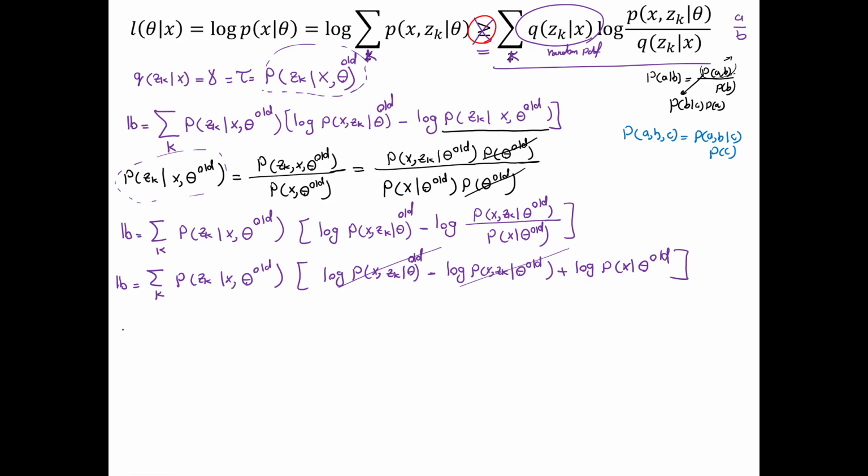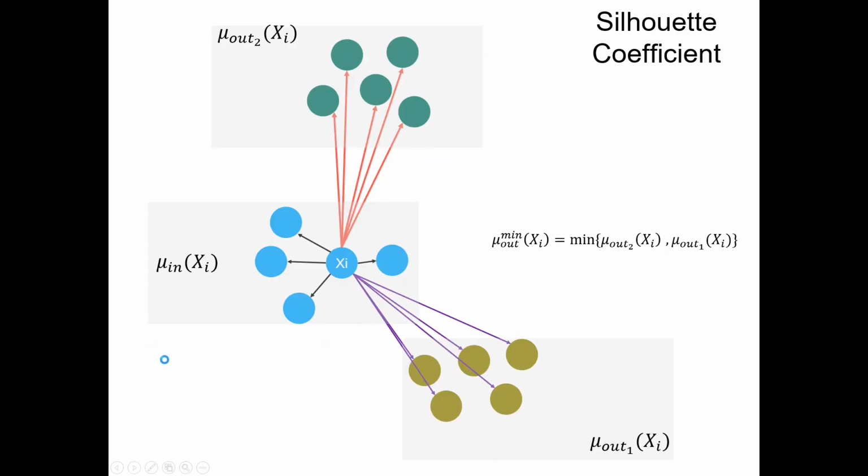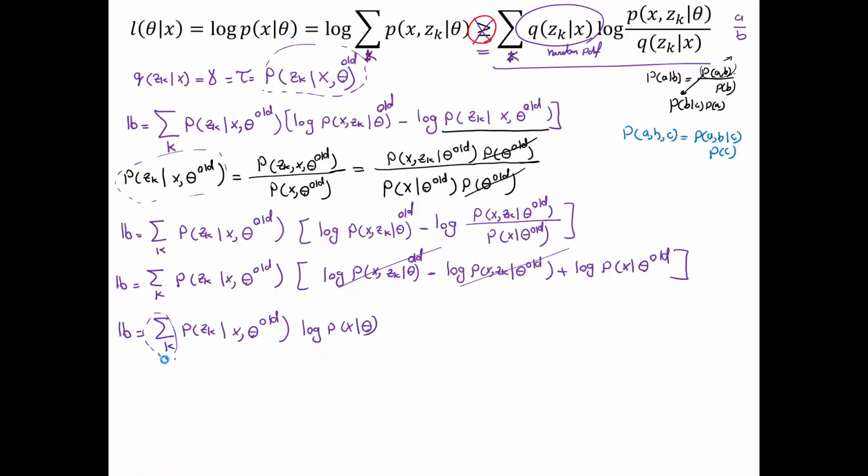Okay, so what's going to happen here? This becomes p of z_k given x, theta old, p of x. So the second term, does it depend on this summation? Does it depend on k? The second term, oops, this one should be old. So this means I can bring it behind the summation. This becomes p of x given theta old multiplied by what?